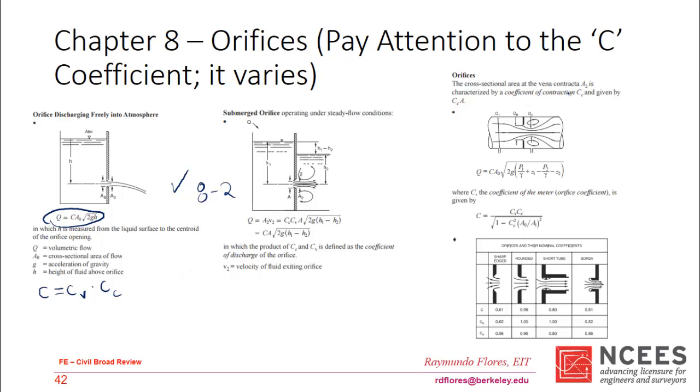So if we just think in our heads that Q is equal to C times A naught times the square root of 2gh, then we could just solve using that equation. It's just as simple as Q is equal to C A naught. Simple. This is how it's going to be on the exam. Very likely, this is what it's going to be like.